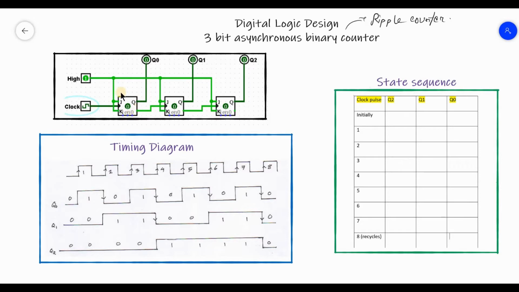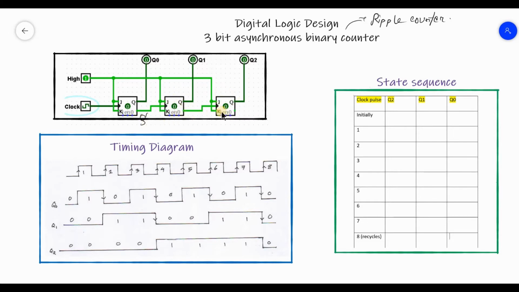Now as you can see here, the first JK flip-flop has only the external clock, and the output of the first JK flip-flop, coming out from Q0 bar, that is the opposite of Q, acts as the clock for the next flip-flop in the sequence.